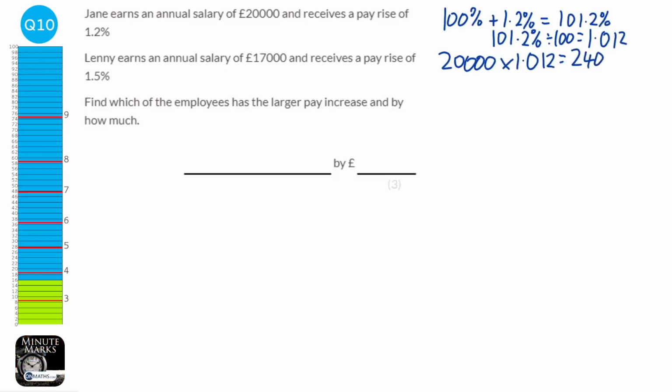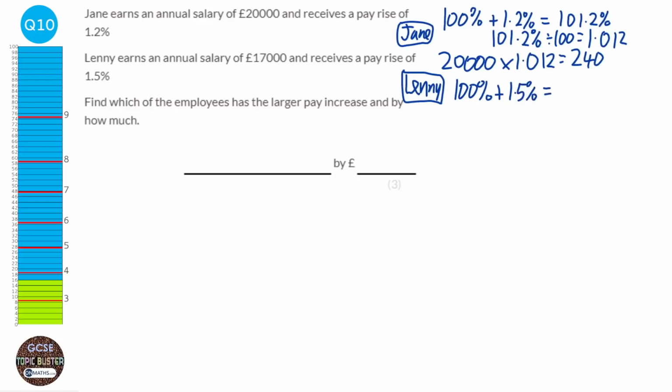Next we do the same for Lenny, so that is Jane. And so let's do Lenny. And so that's 100% plus the 1.5% will be 101.5%.